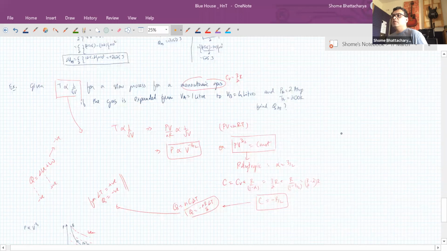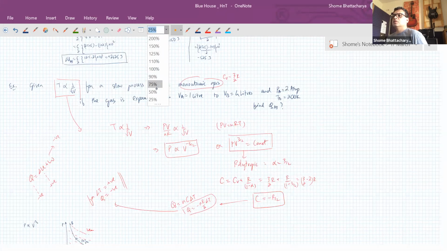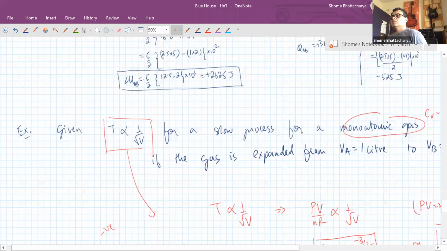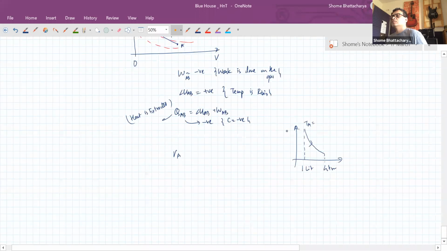From a temperature of 200 Kelvin and a pressure of 2 atmospheres. So temperature at B is 100 Kelvin.